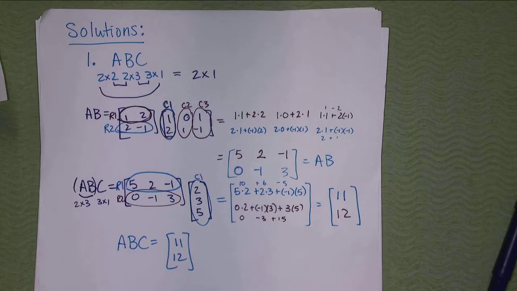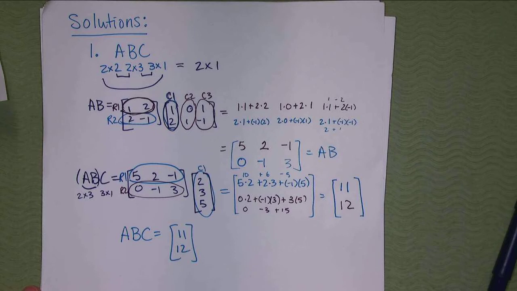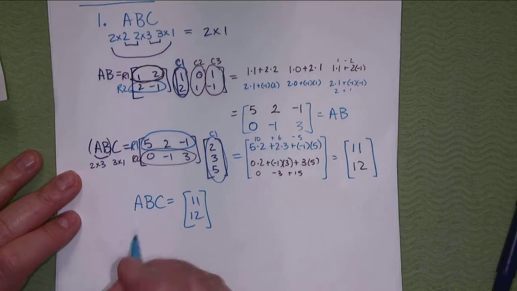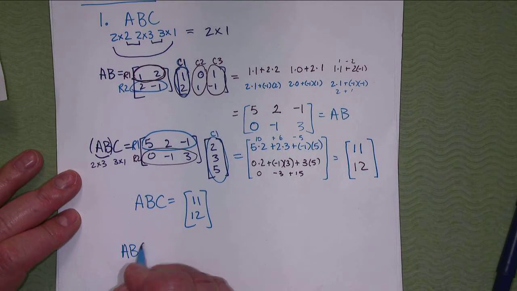Now, could we have calculated this in a different way and got the same answer? Yes. What way would that be? BC, and then take the answer for that and put A in front of it and multiply A times BC, because one of our properties said you can do this as long as A, B, and C are in the same order.